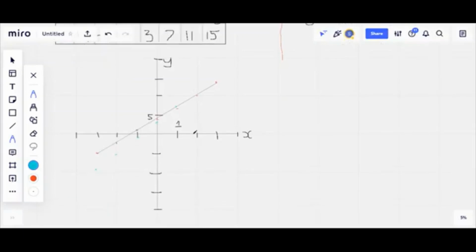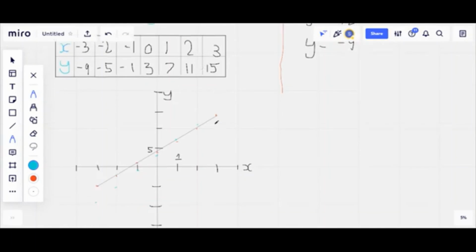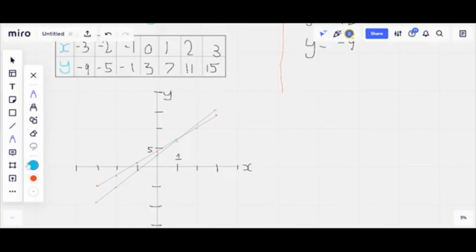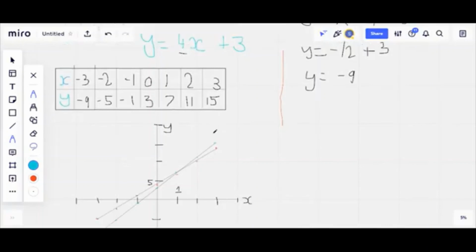Then we've got 2 and 11. And 3 and 15. And then again, let's just connect those dots. And that line there is much better, it's much straighter, much more accurate. Finally, you need to make sure that we write out our rule for each one.